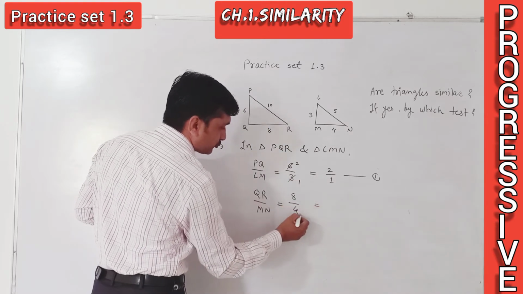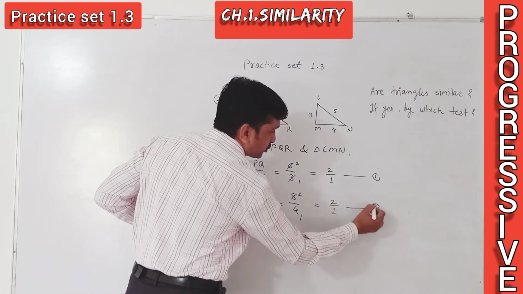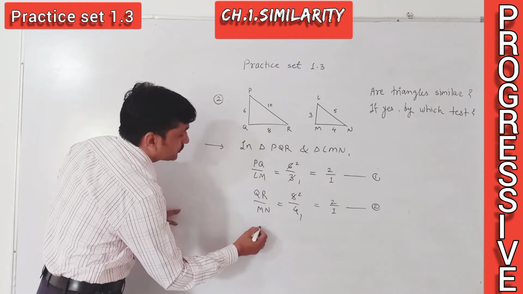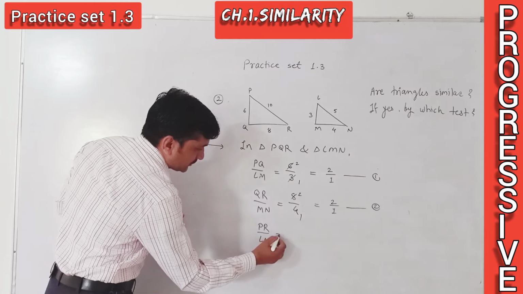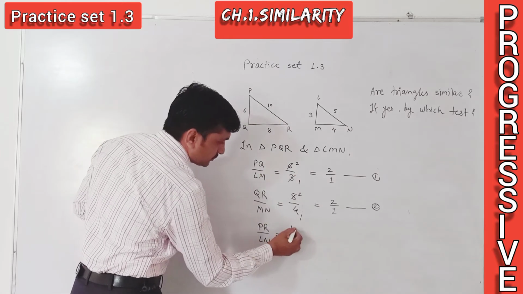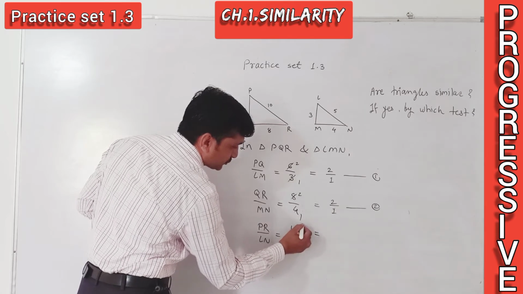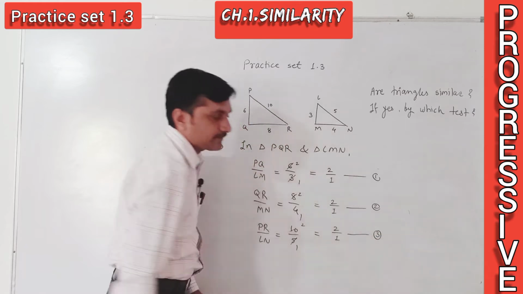Again reduce by 4. 4 ones are 4, 4 twos are 8. 2 upon 1. Second ratio we got is the same. Third is PR upon LN. Length of PR is 10, LN is 5. Reduce by 5. 5 ones are 5, 5 twos are 10. 2 upon 1.